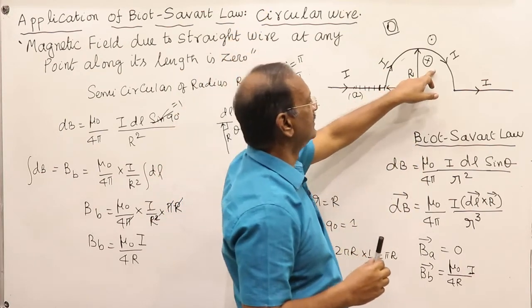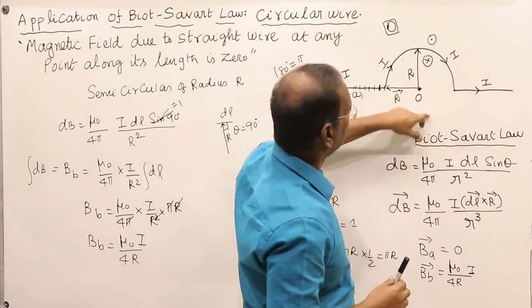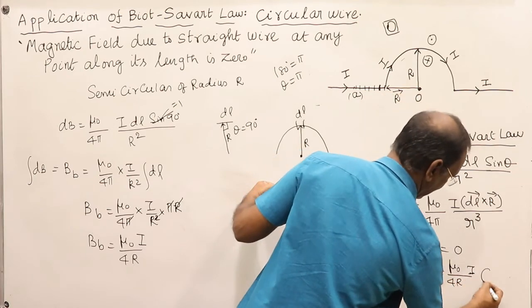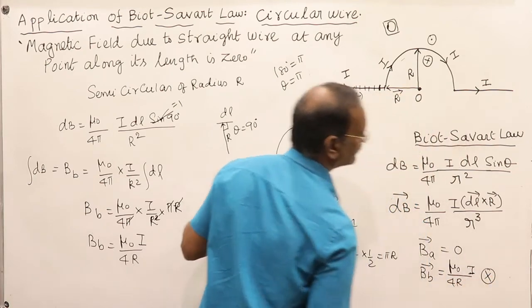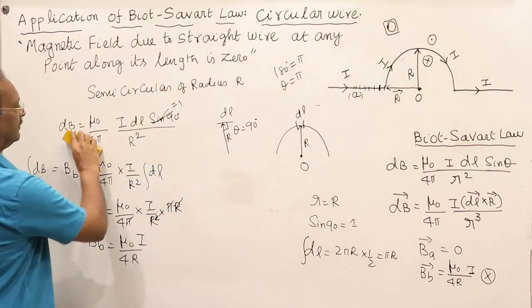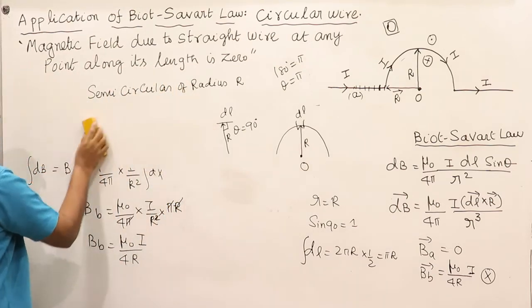You have to be careful. We are interested in this portion because O is below this line. Therefore, the direction of the magnetic field at B is into the plane of the board.